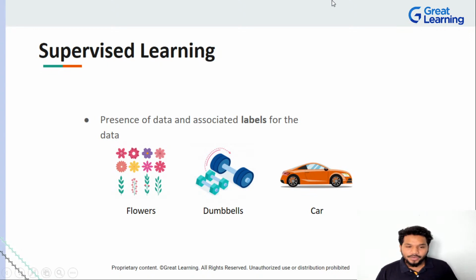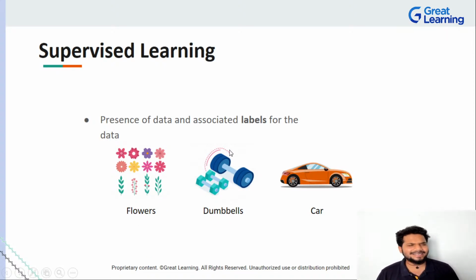Instead of just sending it photos and saying, hey, computer, guess on your own, what I'll do right now is I'll also give it a little label. A label is basically me telling, hey, this is exactly what it is. Now, instead of just sending the image of a flower, I will send the image of a flower, and below that I'll say, hey, computer, this is flower. These are all flowers.